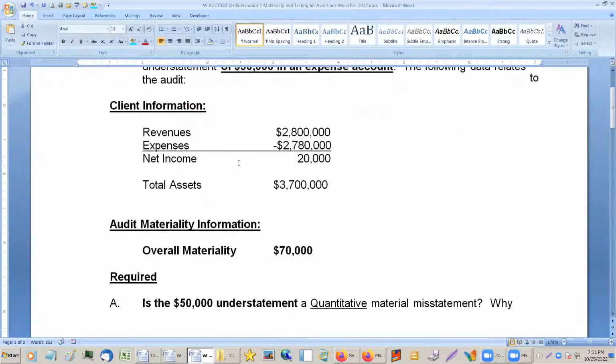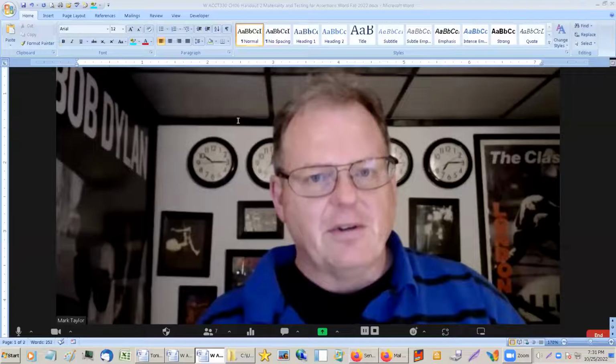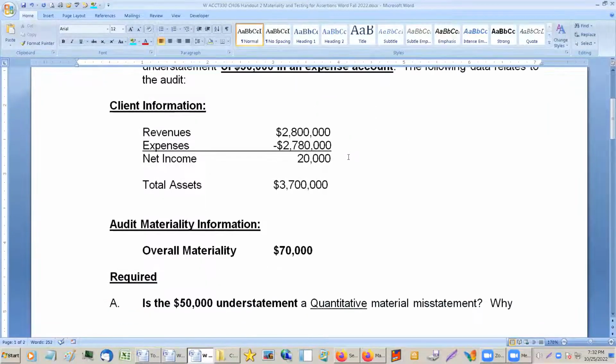Now, one thing I'll tell you when you get a problem like this, if you're looking at the CPA exam, do not add anything into the problem. Somebody says, "Oh, I wonder if they have something else wrong." If it's not in the problem, it's not there. It didn't happen. So be careful on, well, what are the other accounts off by? Because assume that whatever is given to you is the only thing that is there.